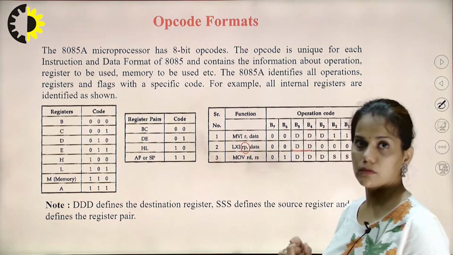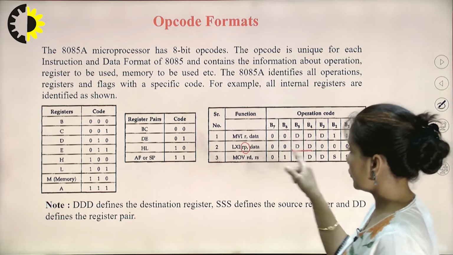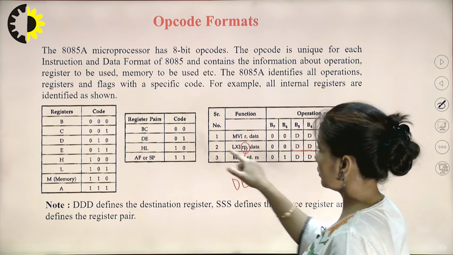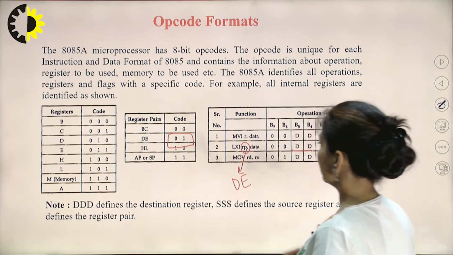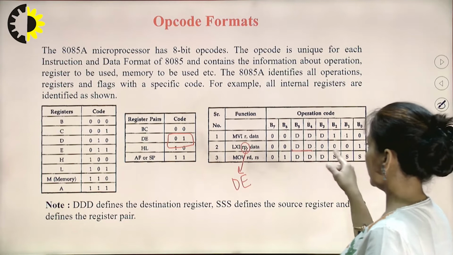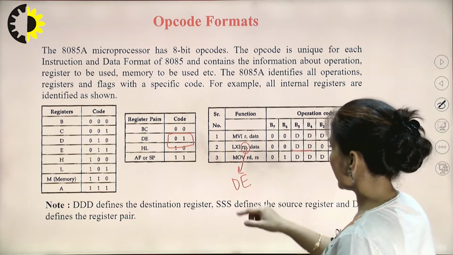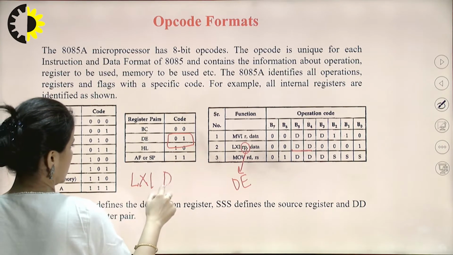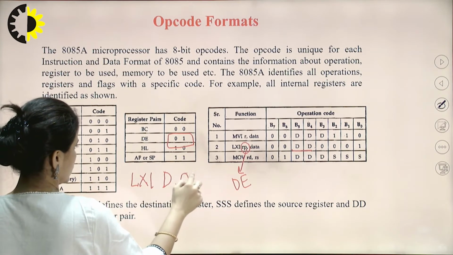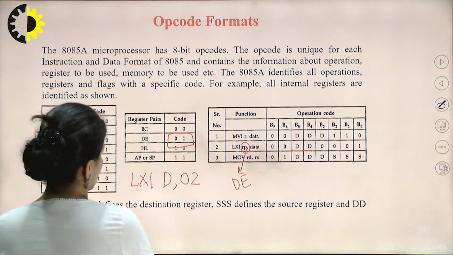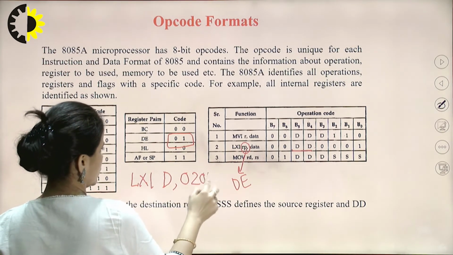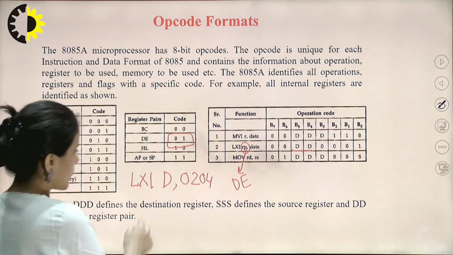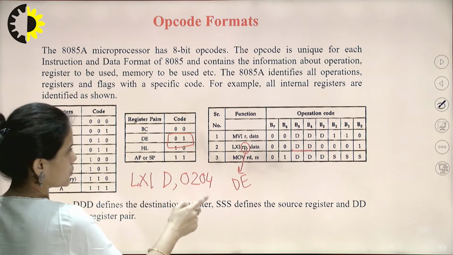So if it is suppose DE, then 01 will replace DD and then 0001. So if I give you this instruction, LXI D comma 0204, what will be the opcode for this? Let's see. LXI D comma 0204.